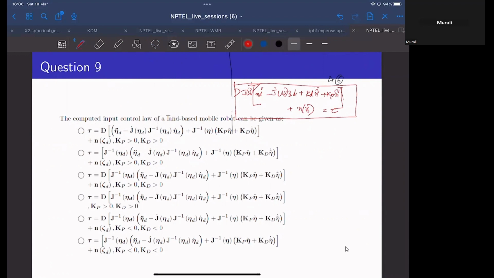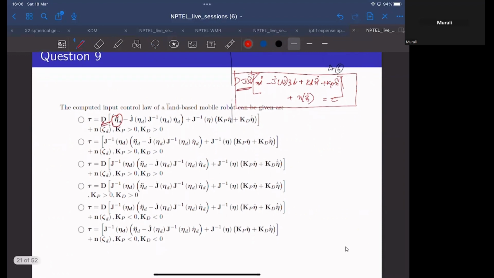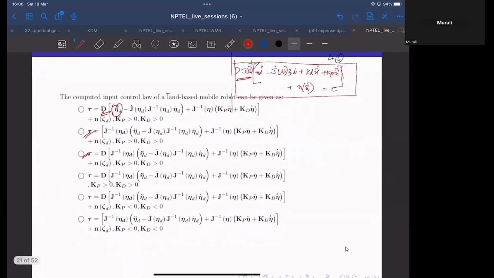I don't think so, because the acceleration vector is only pre-multiplied by this D matrix. We also have a J inverse matrix. It's not even option 2. Option 3 looks quite likely. Option 4 doesn't look likely. Option 3, does it look likely? I don't think so, because I don't think we have this term, right?